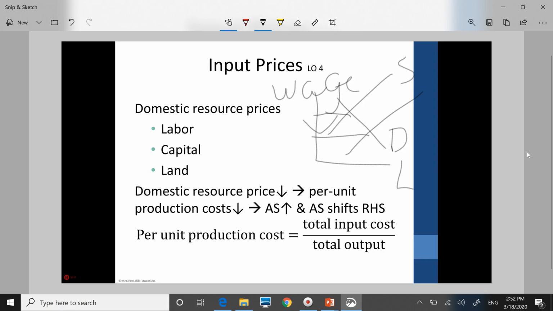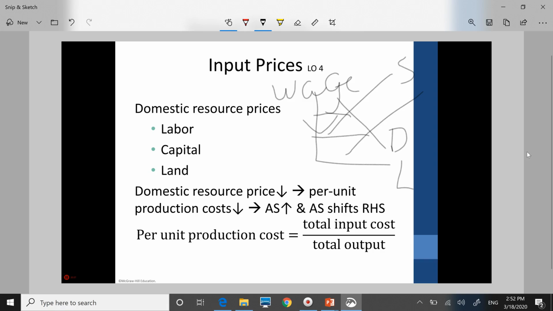For example, I'm an employer. Previously, I had to pay $10 per hour for my domestic worker. Now I only pay $8 because I have people from Mexico to work the same job for lower pay. Then I did great, I'm going to pay lower costs. And why is that a good thing?